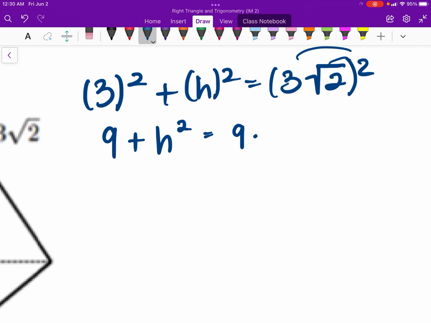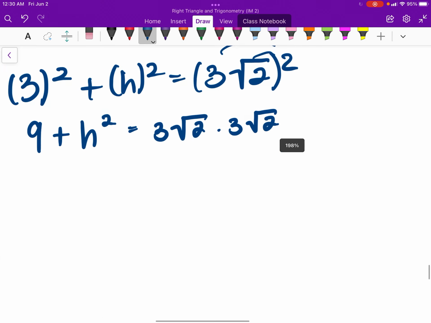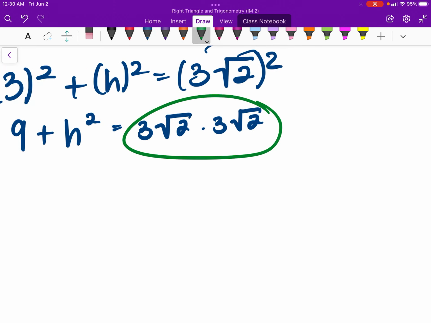All right, or just to show you guys, let me actually break it down. This is going to be 3 square root of 2 times 3 square root of 2. So then this here is going to become 3 times 3 is 9, times the square root of 4. The square root of 4 is 2, so that's going to be 18. So I'm actually going to write that on the bottom.